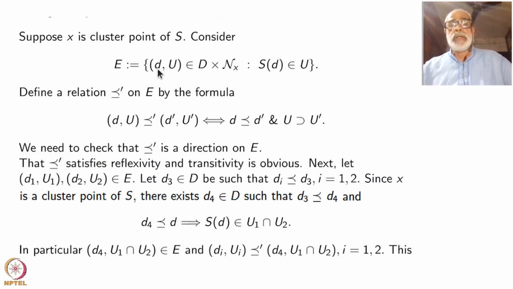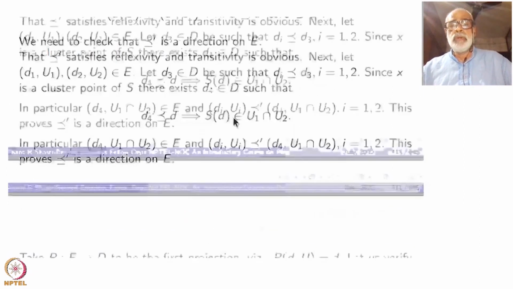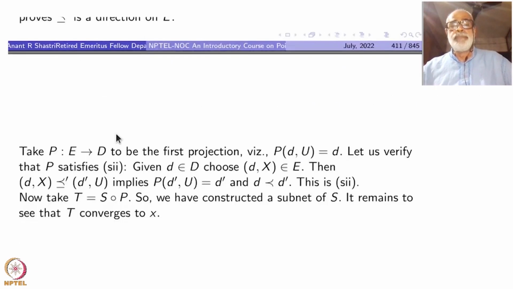Take the first coordinate, so it is an element of D. So that is a function from E to D. P is from E to D, the first projection. Let us verify that P satisfies S2. Only then this P followed by S, I can take it T, will be a subnet, right? So all that I have to do is show P satisfies S2.